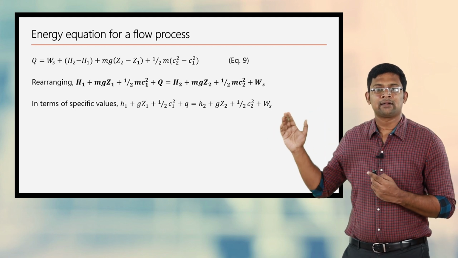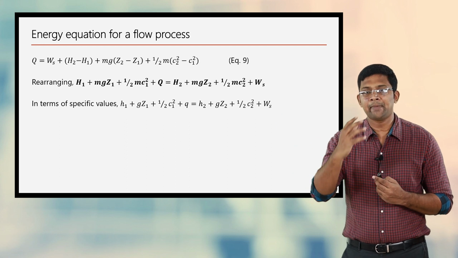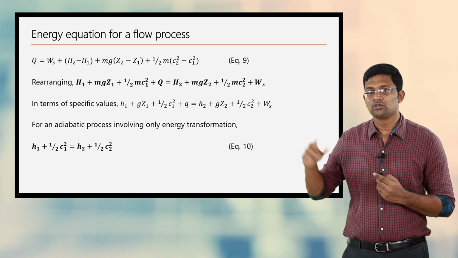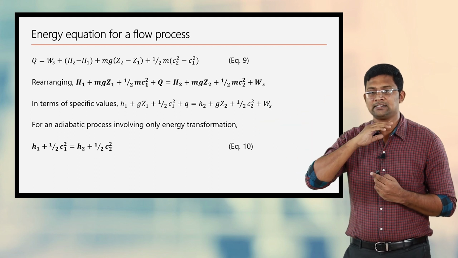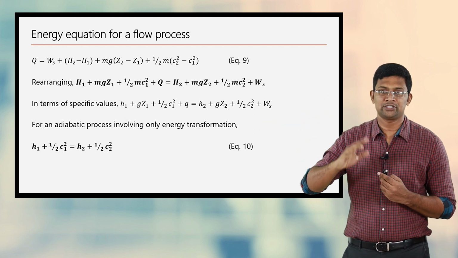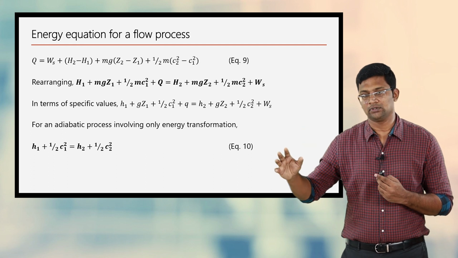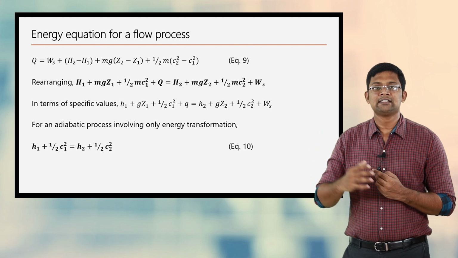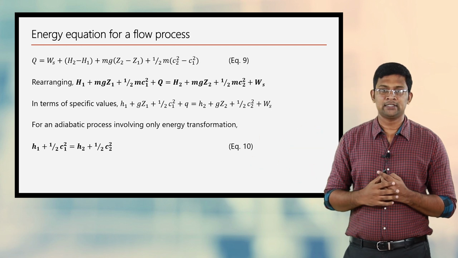Now, let us rewrite this expression for an adiabatic process involving only energy transformation. From the above expression, you can cancel all the terms including potential energy and work transfer, which means the terms including gz1 and gz2 can be neglected.